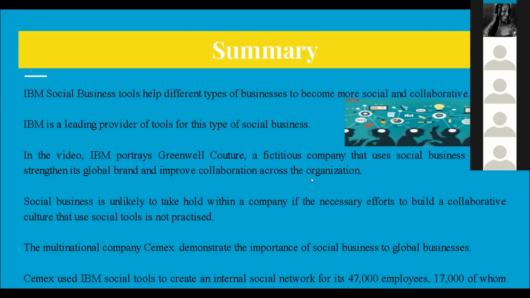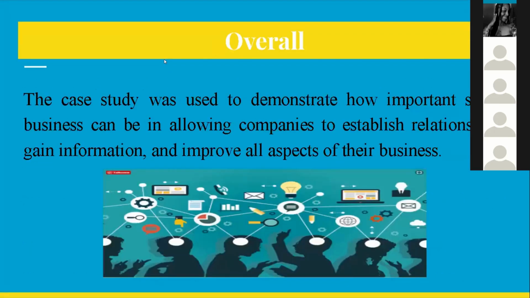Cmps use the network to enable employees all over the world to contribute to new innovations. Overall, this case study was used to demonstrate how important social business can be in allowing companies to establish relationships, gain information, and improve all aspects of the business.